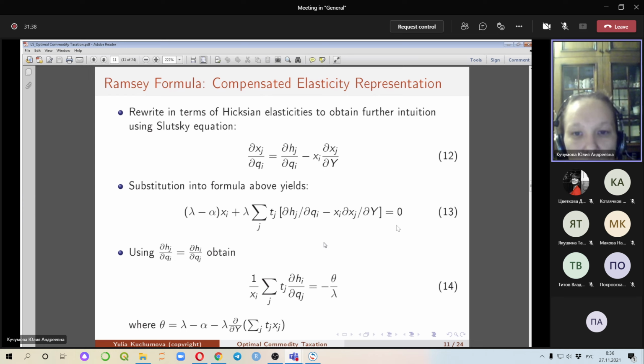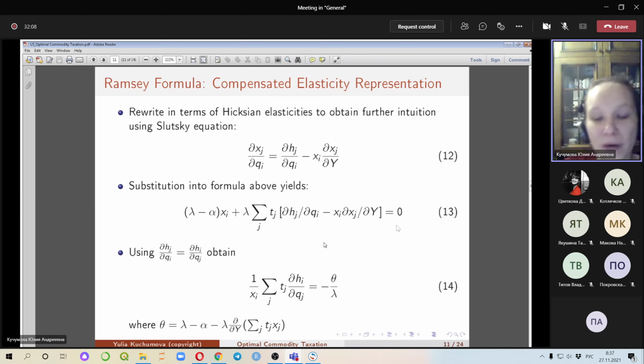So the total effect, the left-hand side in formula 12, is equal to the substitution effect, the derivative of hg, the Hicksian demand, with respect to price qi, plus the income effect, which is minus xi, the derivative of xg with respect to non-labor income y.